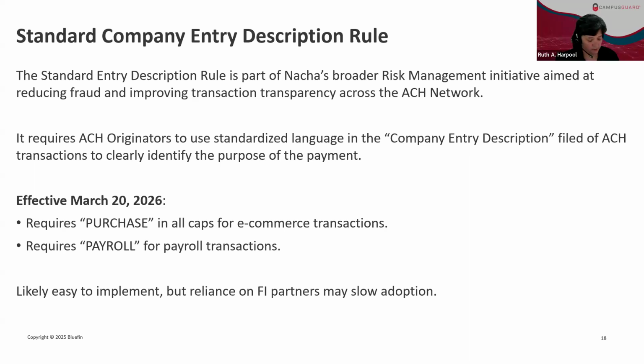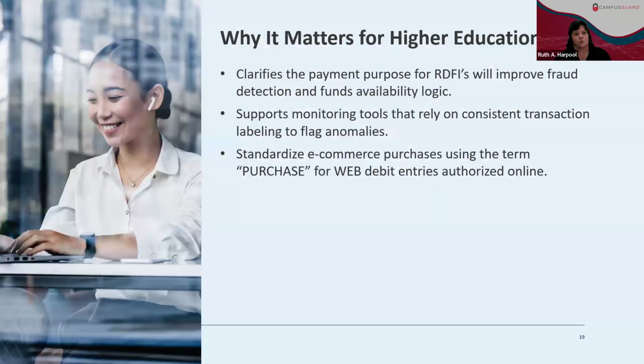May I have the next slide, Terry, please? So what this does is it really is intended to help as fraud continues to evolve in the area of direct deposits, so payments out to someone else.